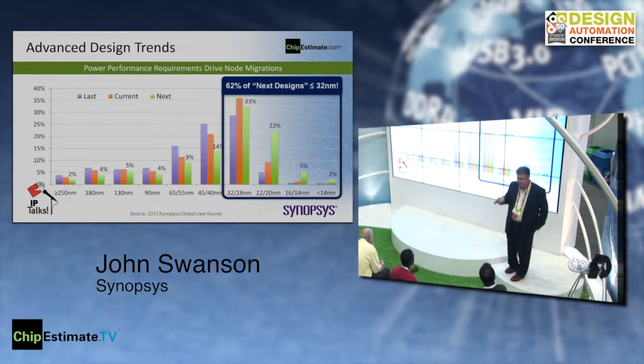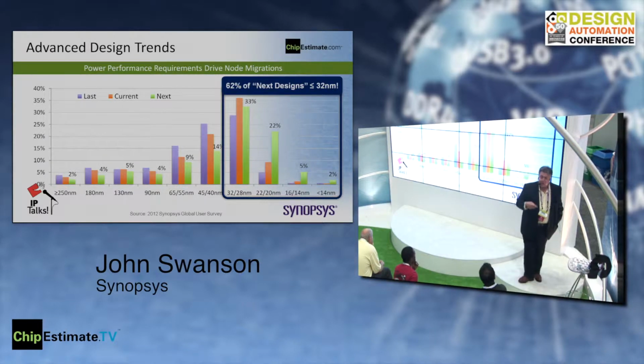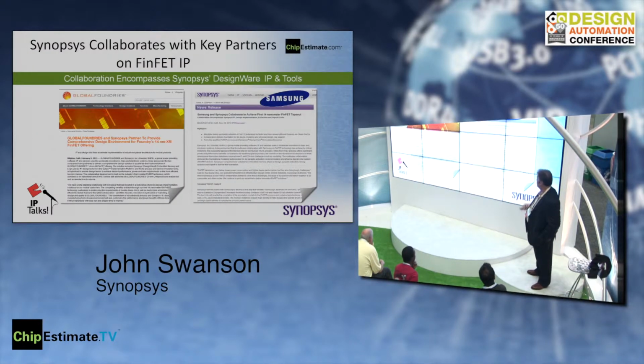The PHYs are physical, so we have to make sure we can port the IP to the process nodes that you're using. If you're moving to 16 or 14 nanometer FinFET technology, we have to have the IP ready for you to use. And we do. These are two recent announcements where we put together the flow with GlobalFoundries for the 14 nanometer FinFET offering.